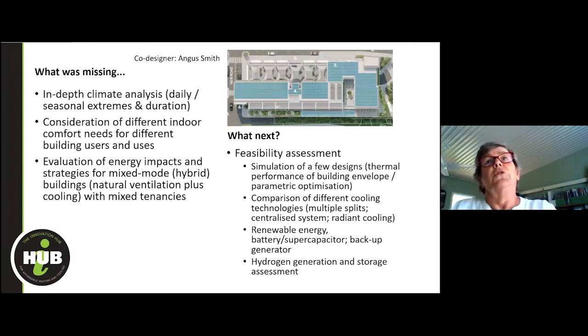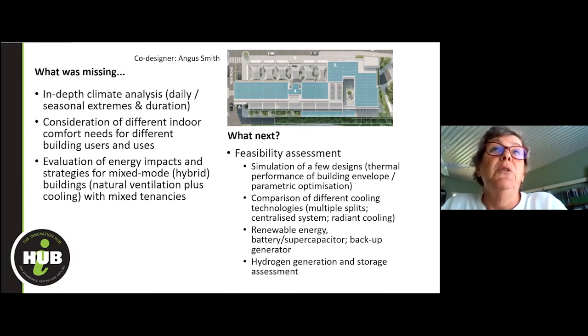So overall, the things that I thought were missing from all of the designs that the teams came up with was, in my view, an in-depth climate analysis that showed daily and seasonal extremes and the duration of some of those extremes. Most designs, including building simulation models, look at averages and not the extremes.